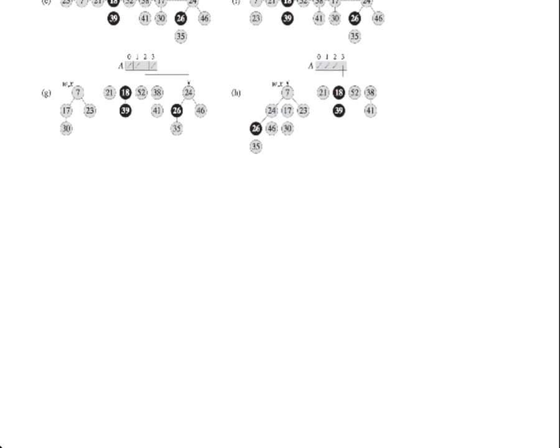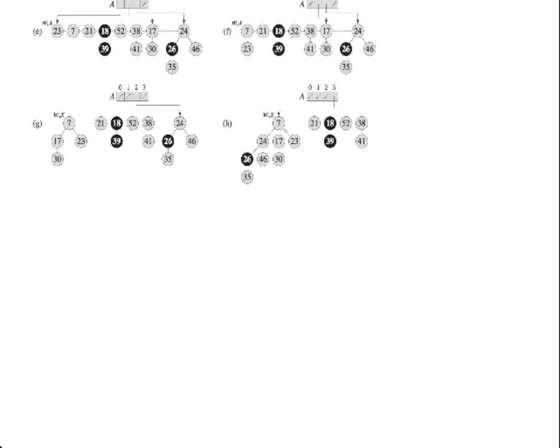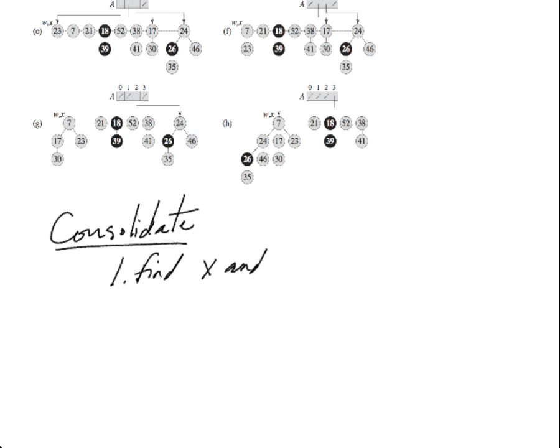Just to give an idea, consolidate is going to do 2 things. It's going to find nodes x and y in the root list such that the degrees are the same.